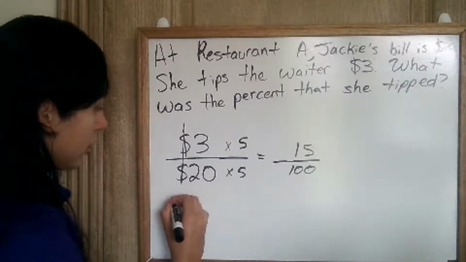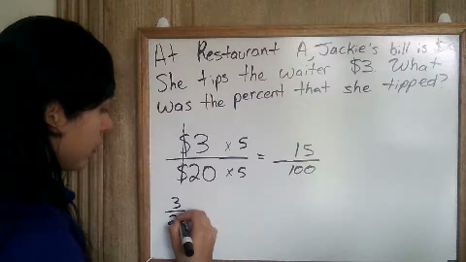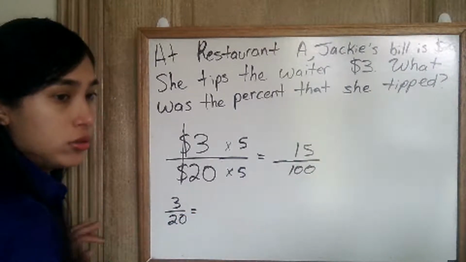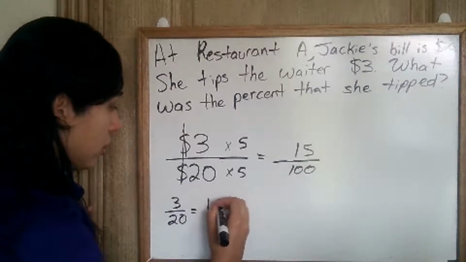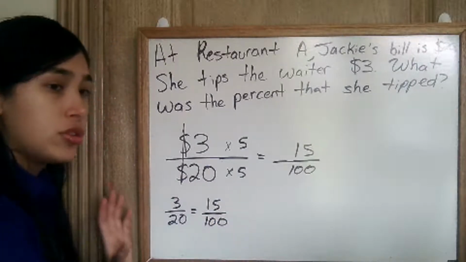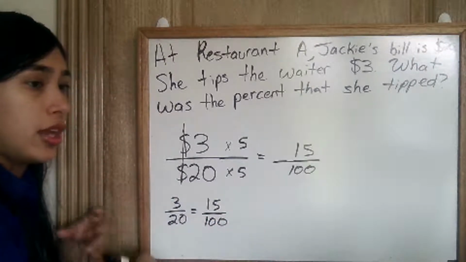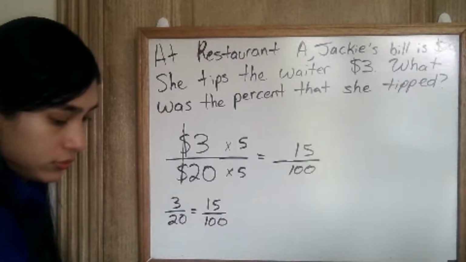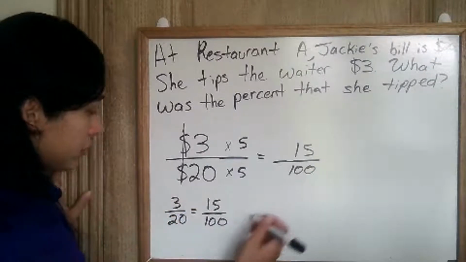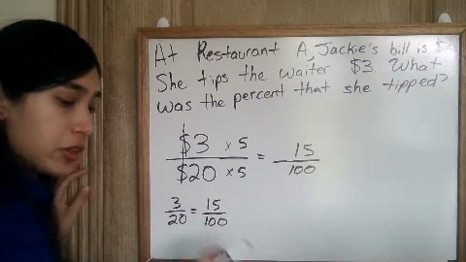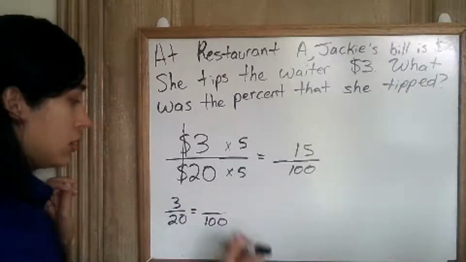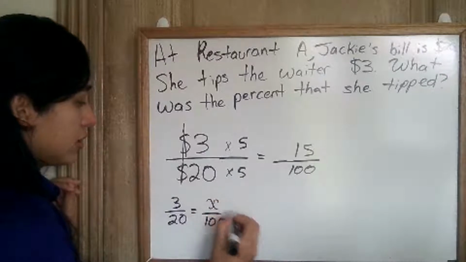So we know that 3 over 20 is a ratio, and it's equal to 15 over 100. By having two different ratios equal to each other, we consider this a proportion. Another way to know that it's indeed 15, or if we didn't know what 15 was, we could call it x.